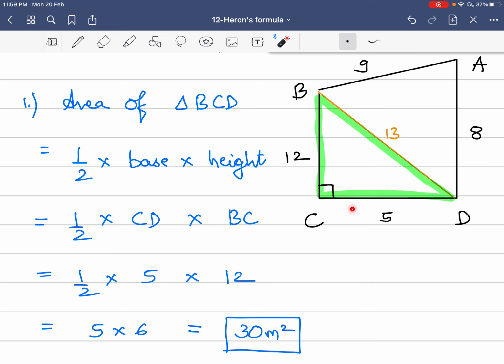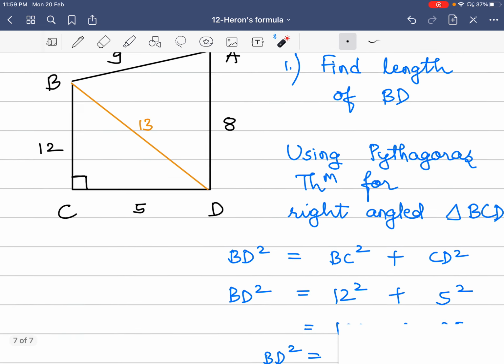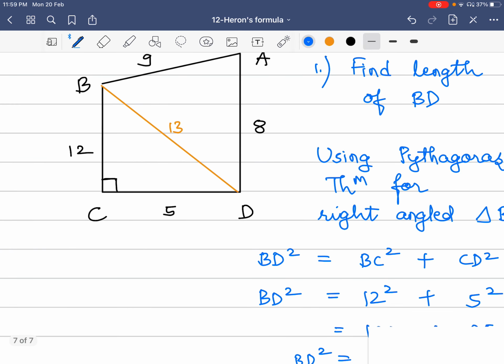So this was a kind of a rare scenario where it was a right angle triangle and hence we could use this formula, half into base into height. No need to use Heron's formula. However, even if you use Heron's formula, you are going to get the same answer, 30 meter square. So I'm just going to write here, this is 30 meters square.